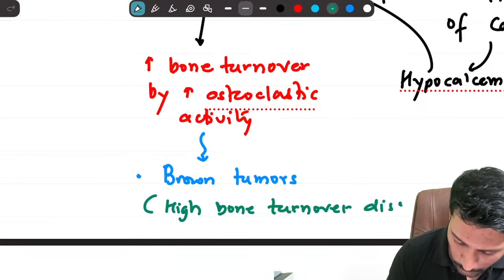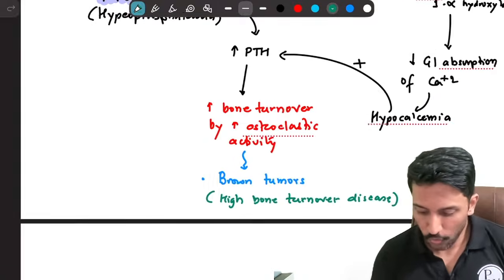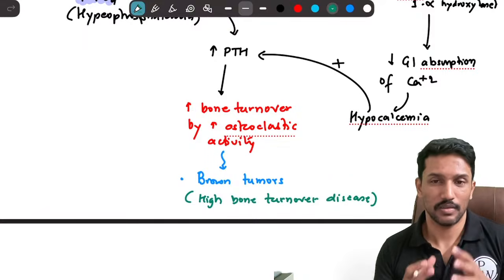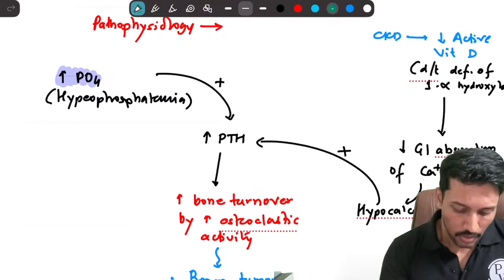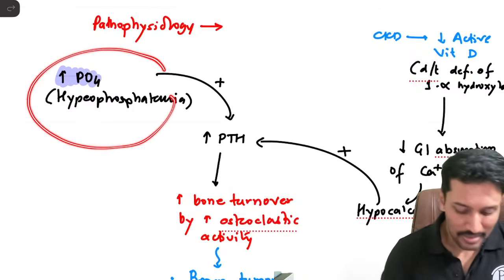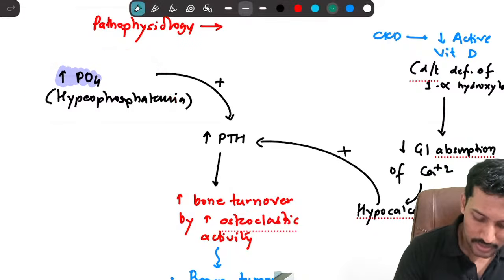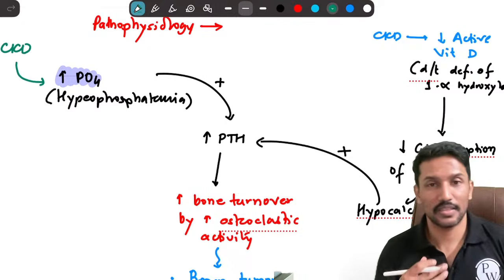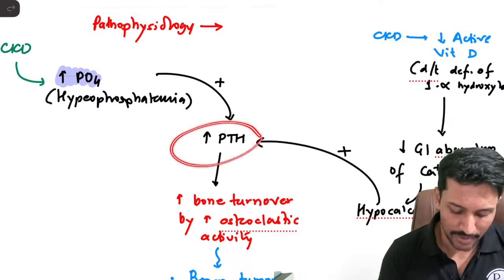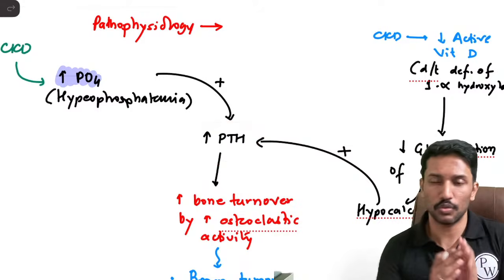Now let us say I got a patient of CKD and I don't want his bone turnover to increase and his bones to lose calcium. So what will I do as a doctor? One thing I can do is restrict the phosphate intake, because phosphate retention is the reason. If I restrict the phosphate intake, then this hyperparathyroidism can be countered to some extent.